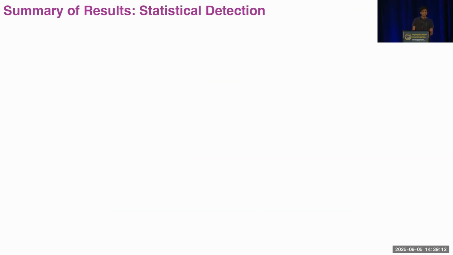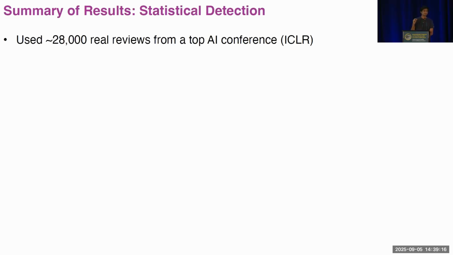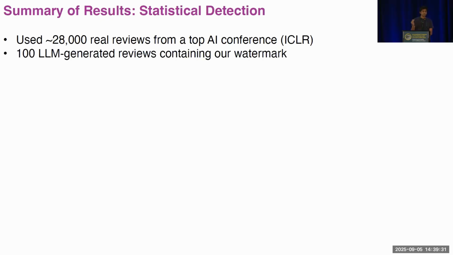Our statistical detection experiment involves considering approximately 28,000 real reviews from a top AI conference, ICLR, which stands for International Conference on Learning Representations. And none of these 28,000 reviews have had any intervention from our end. And to this, we add 100 LLM-generated reviews that do contain our watermark.